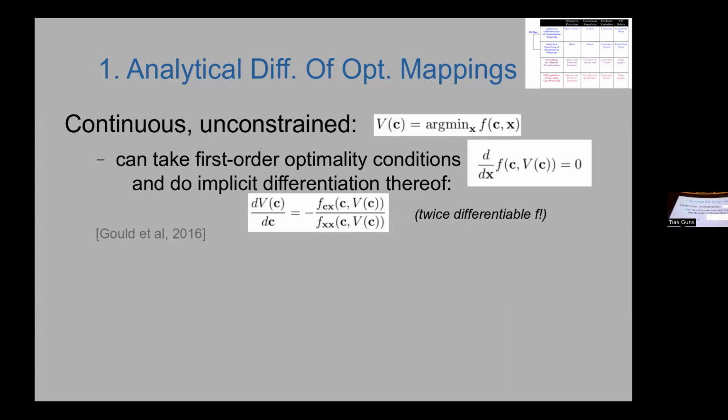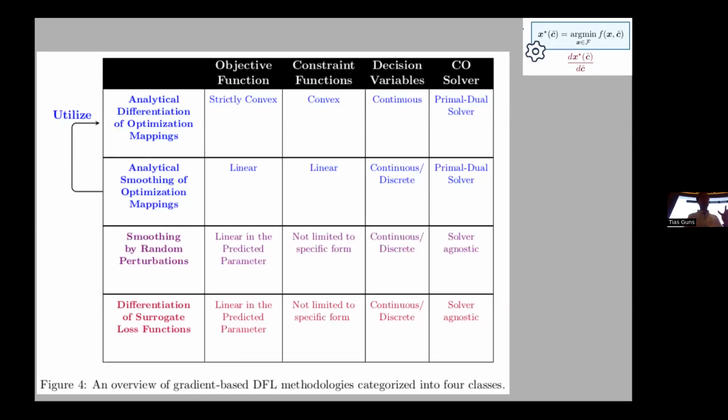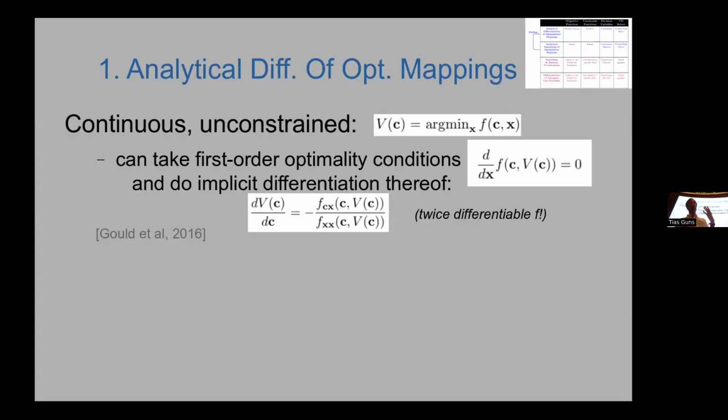So the first one is about doing analytical differentiation over the optimization mapping. And we'll start with the easiest type of problem. So assume that the decision variables are continuous, so that part is okay, and that it's an unconstrained optimization problem. Okay, so we want to find some value where we optimize some function with the predicted coefficients and the continuous decision variables.